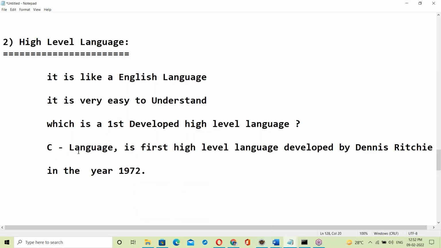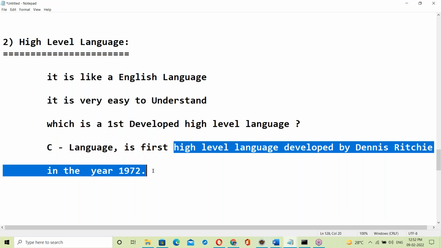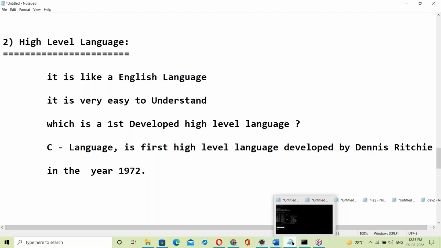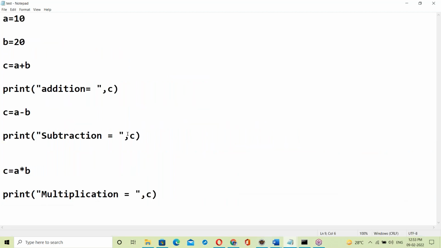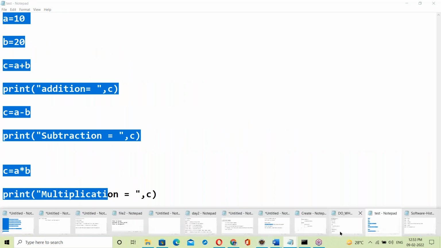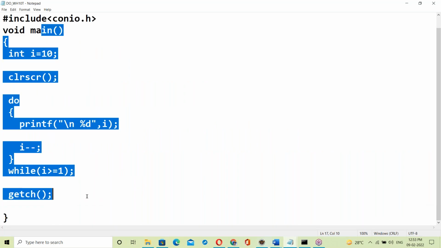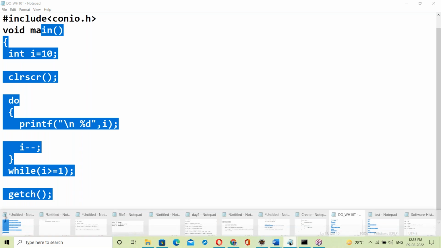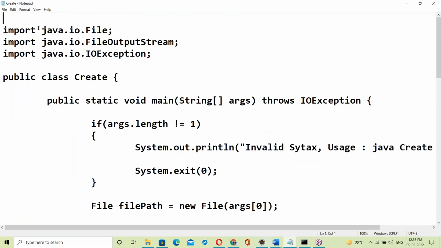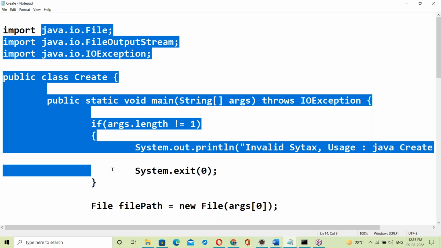So, C language is the first high level language, later C++ and Python. See, Python scripting is a high level language, and a Java program is a high level language. The system cannot understand this language.